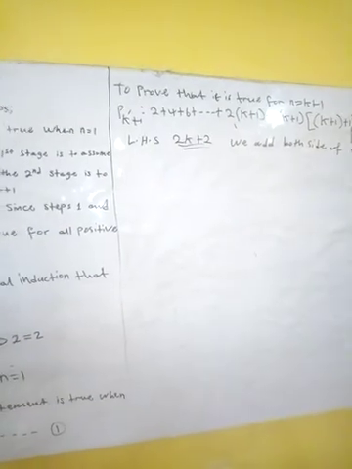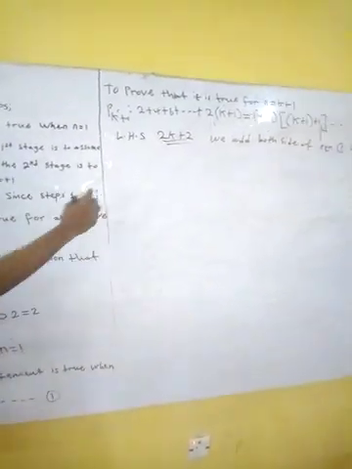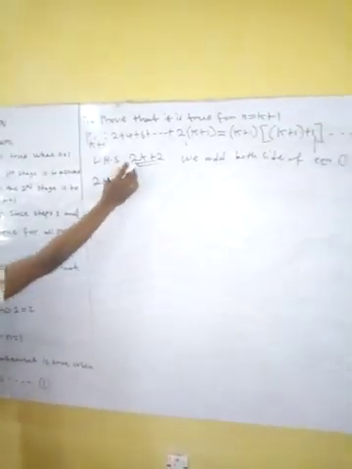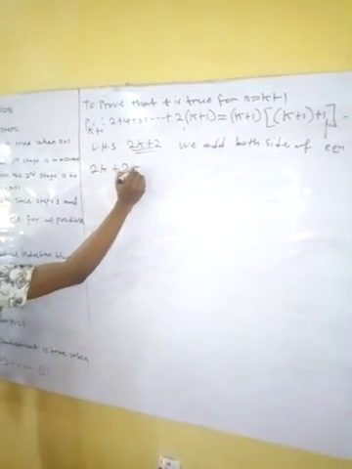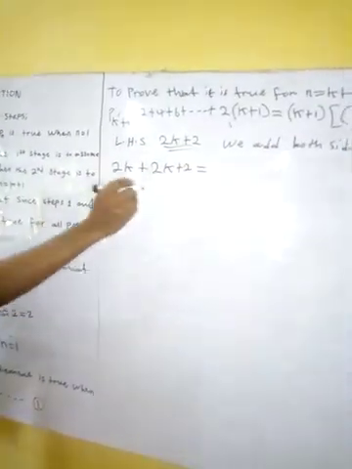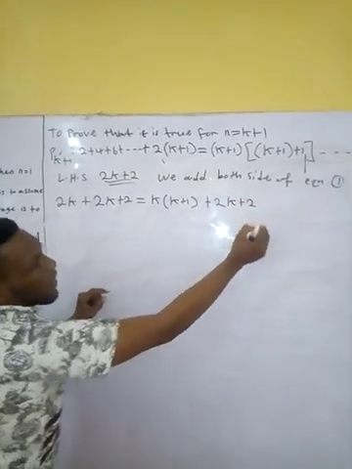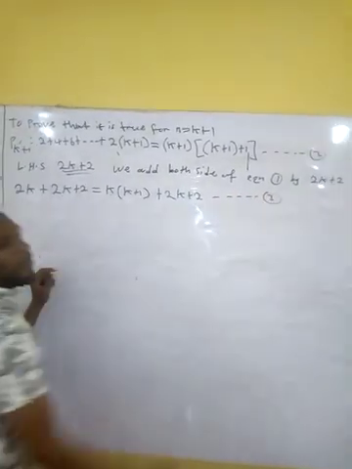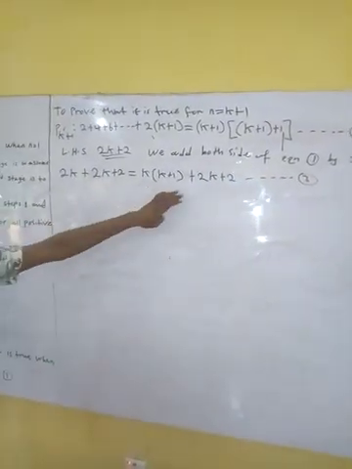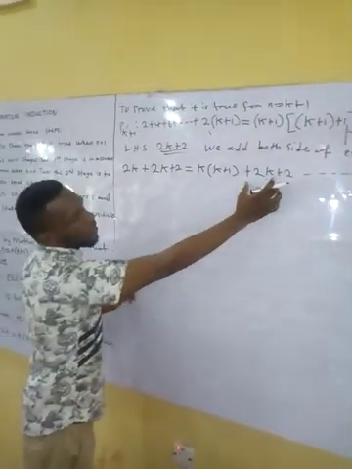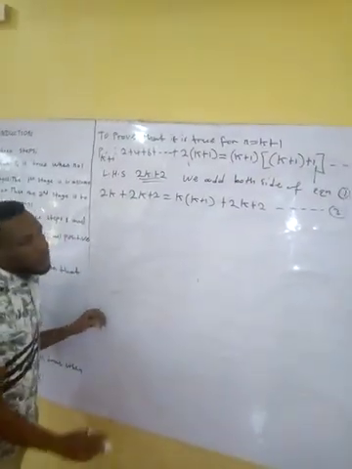This is equation 1. Now we substitute our value. So this becomes 2k plus 2k plus 2 is equal to k bracket k plus 1 plus 2k plus 2. This becomes equation 3. We are going to use the right hand side of equation 3 to get the right hand side of equation 2. That is how we prove it.